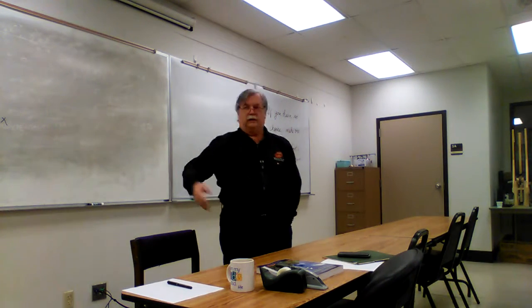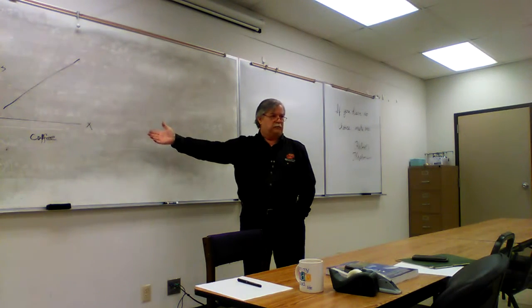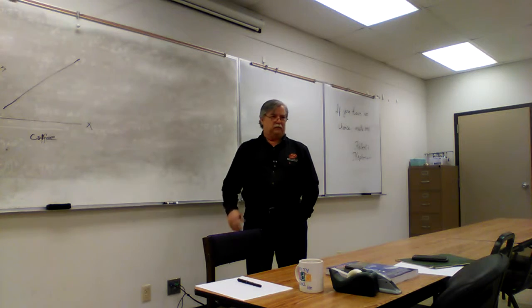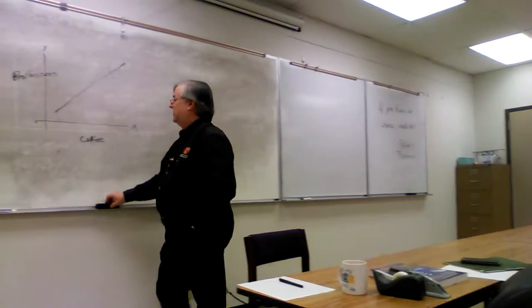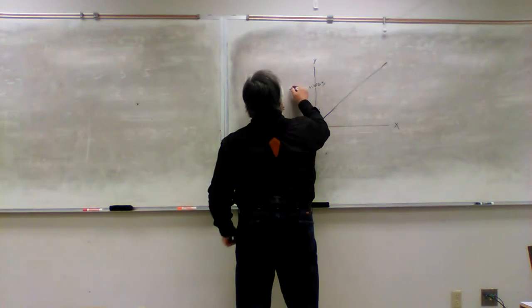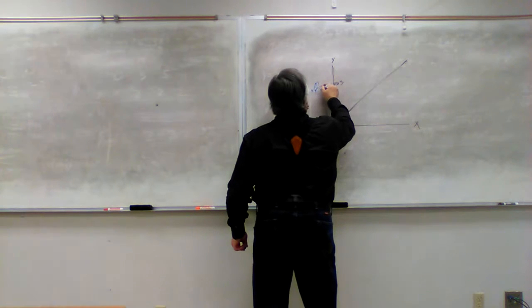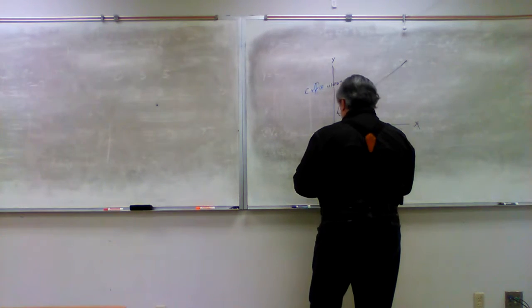In that case, which one is the dependent variable and which one is the independent variable becomes an arbitrary choice. You could just as easily and just as legitimately make coffee the independent variable and restlessness the dependent variable.